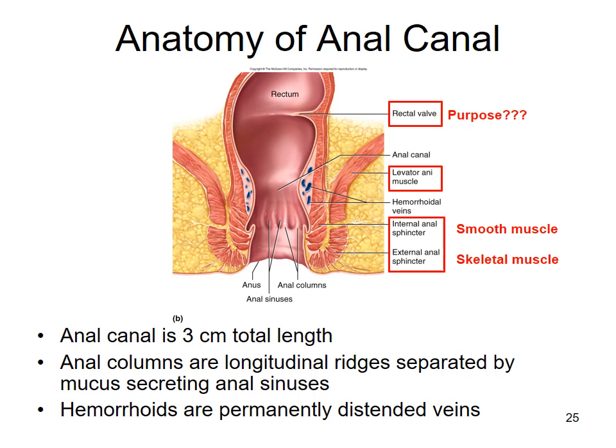Part of potty training a child is that you teach them to control that external anal sphincter, so to control that skeletal muscle. So if you're ever in a situation where you have to pass fecal matter, but you can't do it, you can hold it until later.